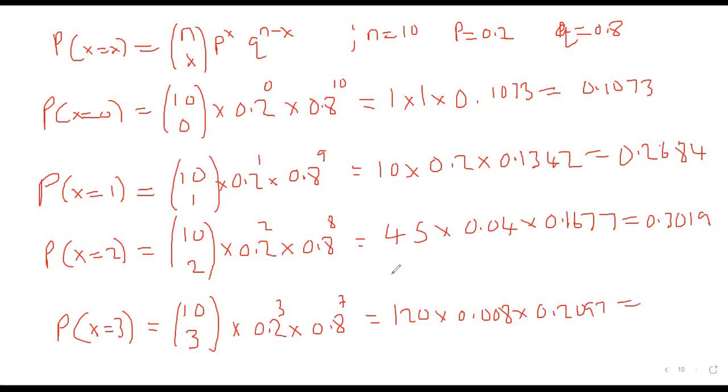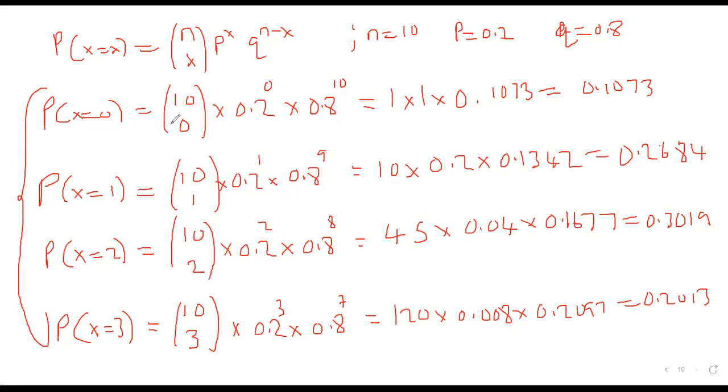So what's the final answer? 0.2013. Correct. So we find the probabilities of 0, 1, 2, and 3 using the binomial distribution.